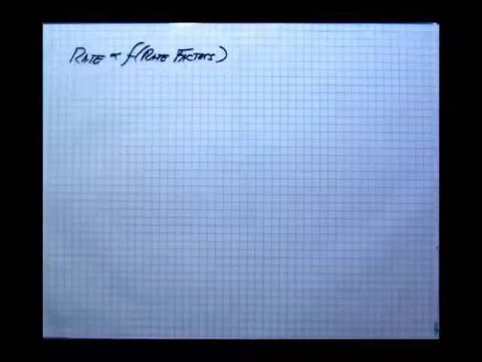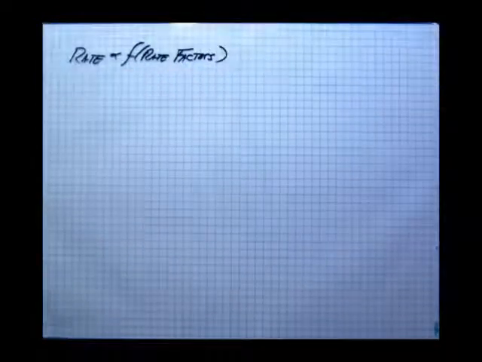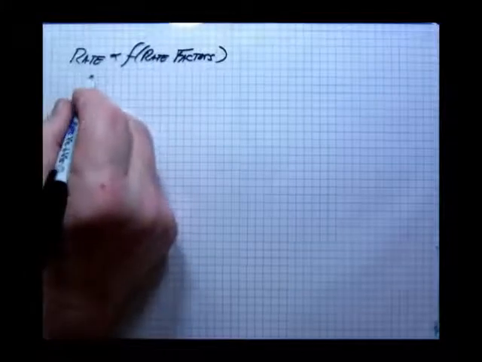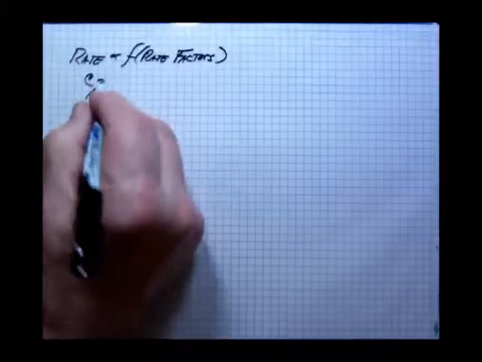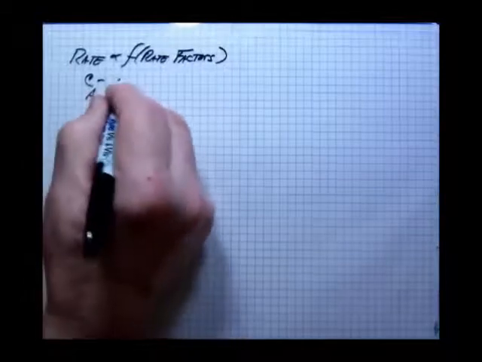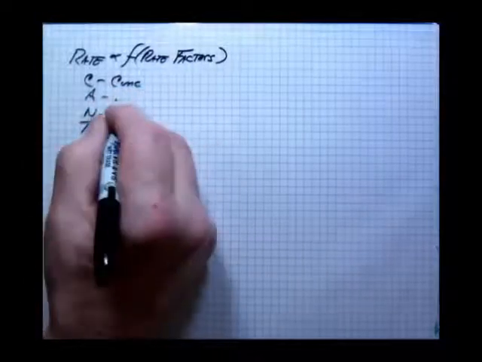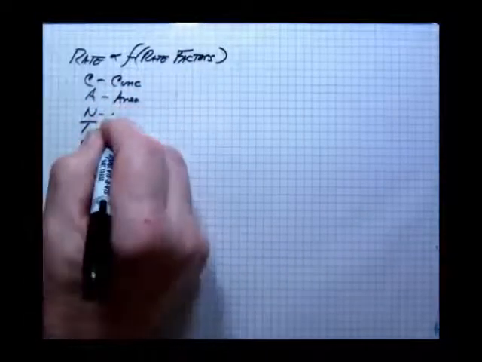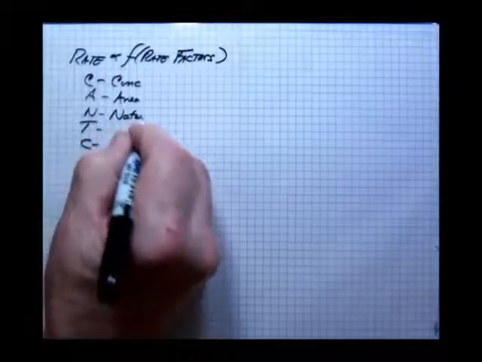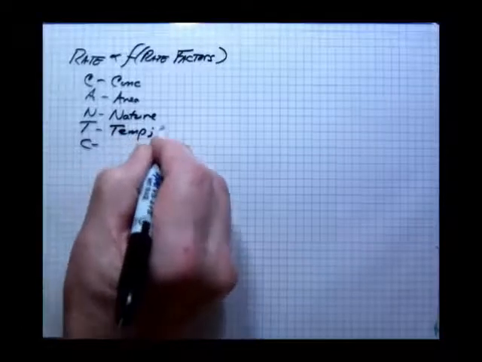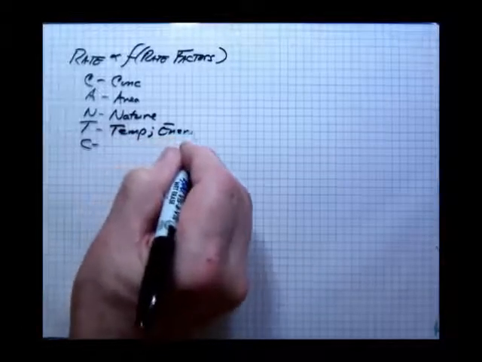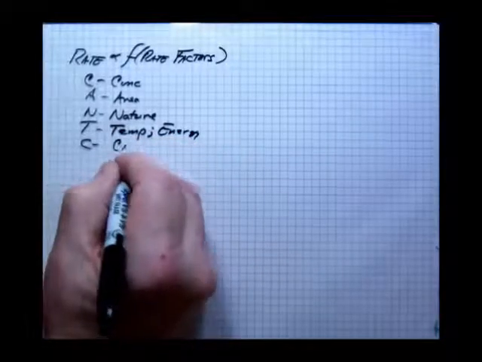The rate factors we've identified by the little acronym "can't see": concentration effects, area, surface area, nature, temperature, and energy effects, and catalyst.